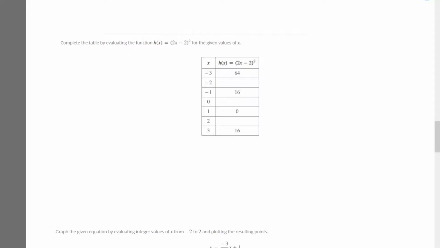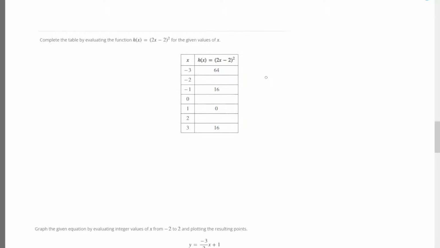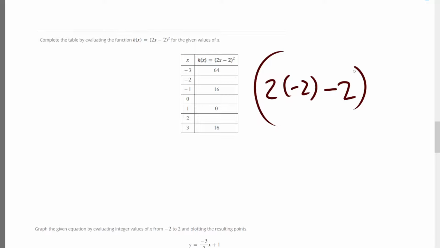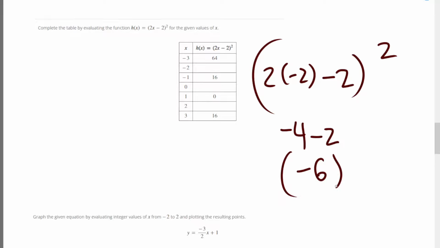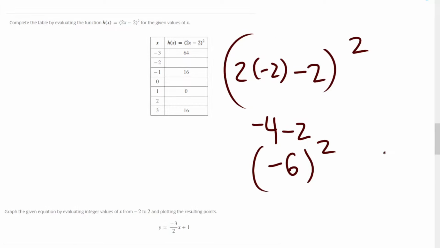I'll do the first one. So 2 times negative 2 minus 2 to the second power. We need to do what's in the parentheses first. So 2 times negative 2, and we need to do the multiplication first. That's going to give us negative 4 minus 2, which is negative 6. Negative 6 squared is the same as positive 36. So we'll add that in there.